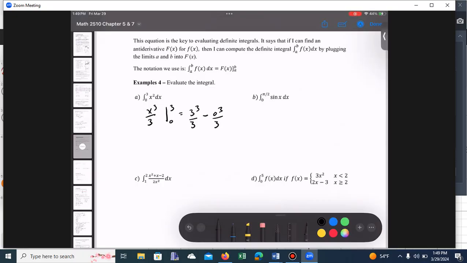Now sometimes, especially when your lower limit is 0, it's going to knock out what you're subtracting, which makes things a little easier. But you still want to make sure you write it out so you know everything gets knocked out and becomes 0 when that happens. So we're going to end up with 3 cubed over 3, which is going to be equal to 9.